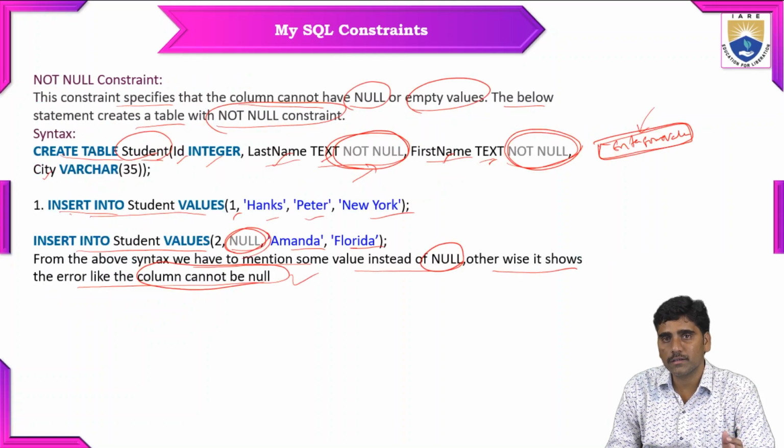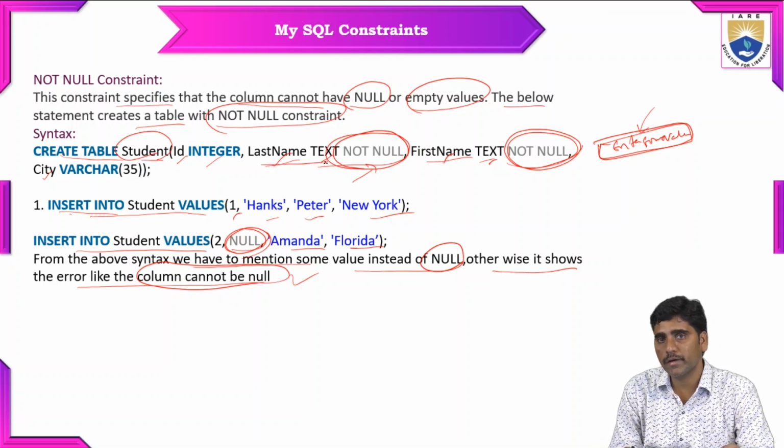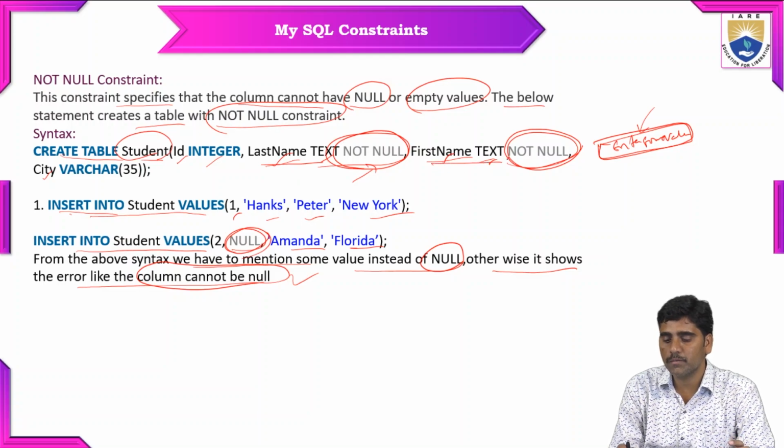So not null constraints. Not null constraints are nothing but the constraints which you specify to the particular column, which should not be empty. That means it must have at least one value. So here in the example, last name text not null and first name text not null.